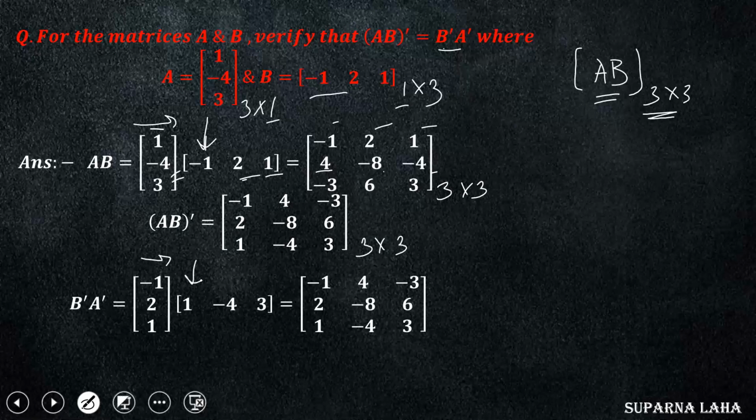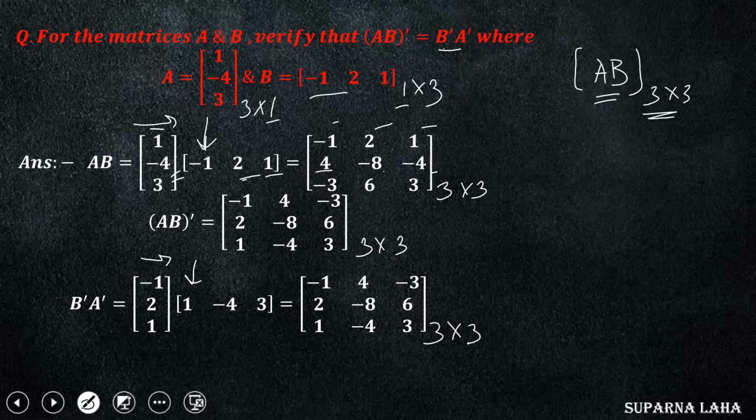Same process. I don't need to explain the multiplication since you already know how to multiply two matrices. Just move each row with each column. So we will find this 3 by 3 matrix: -1, 4, -3, 2, -8, 6, 1, -4, 3.